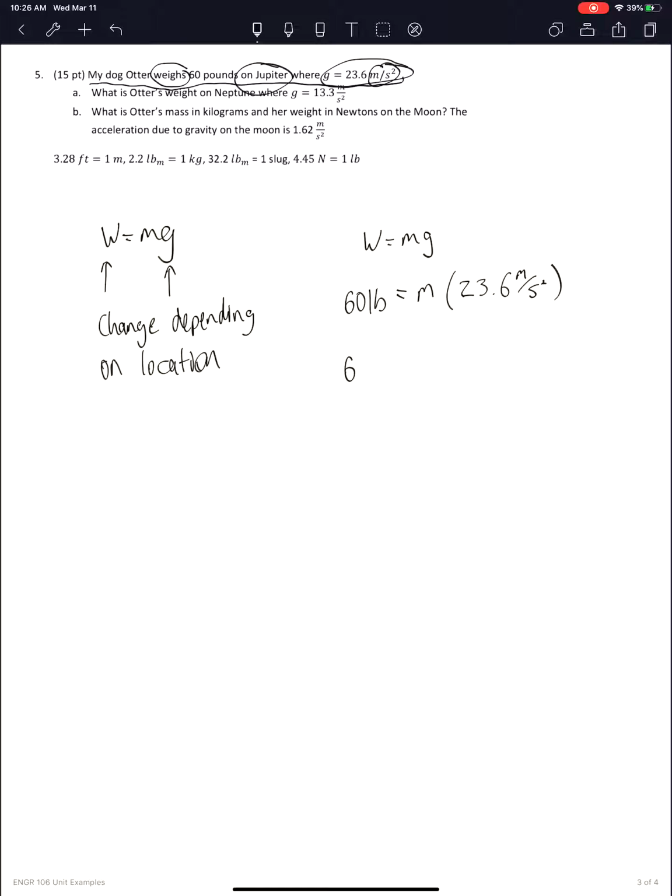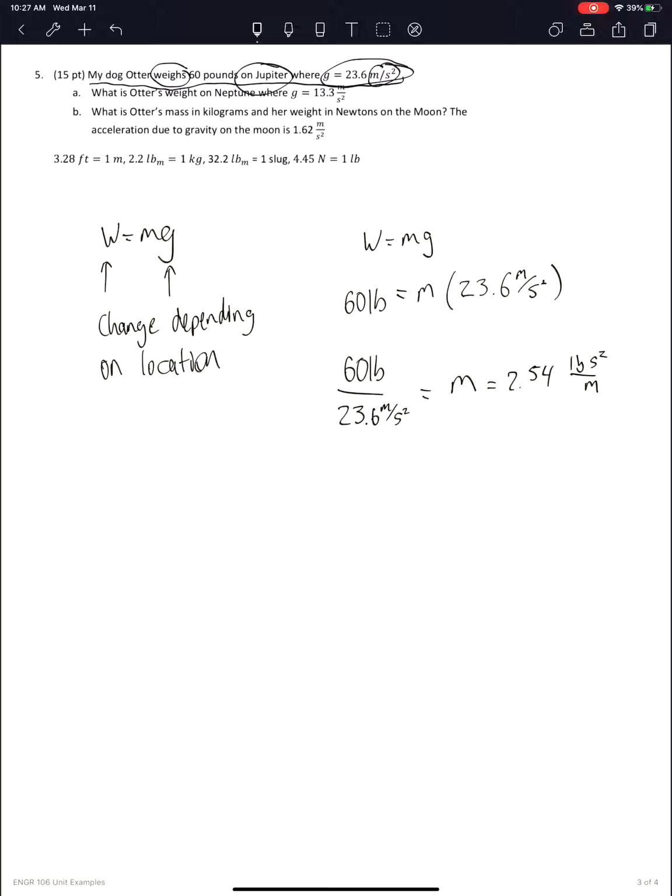So if I take 60 pounds and divide by 23.6 meters per second squared, then I'm going to get a mass. This is a mass unit because this is force and this is acceleration, but it's not convenient. It is not commonly in use. Sure, 60 divided by 23.6 can be calculated, 2.54 pound second squared per meter, but this is not standard.